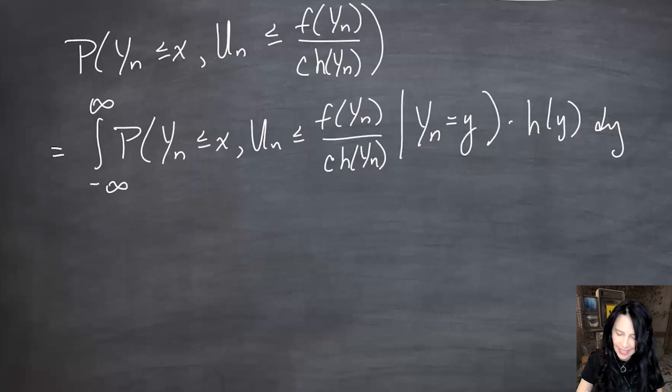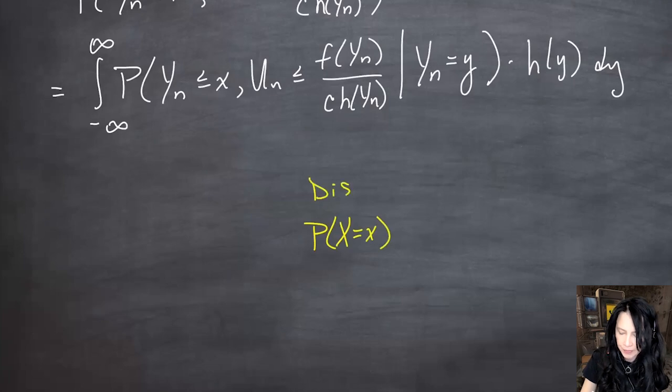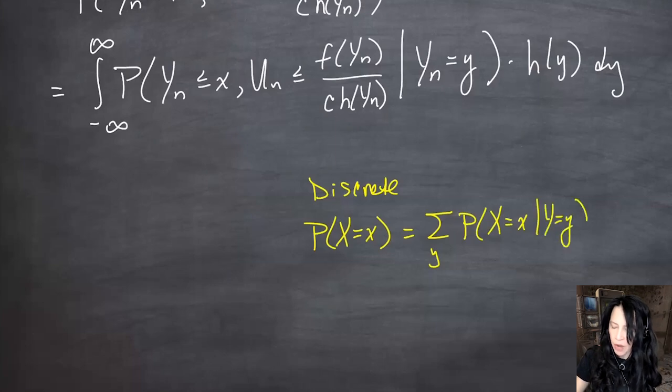Okay, aside: if you want to compute the probability that X equals x and things are discrete, you could bring in a Y and you could sum out all those values. You could say the probability that X equals x given Y equals y times the probability that Y equals y.